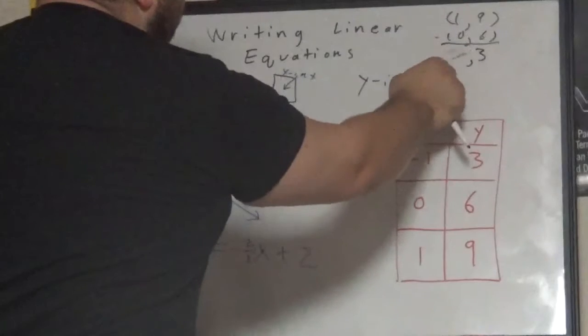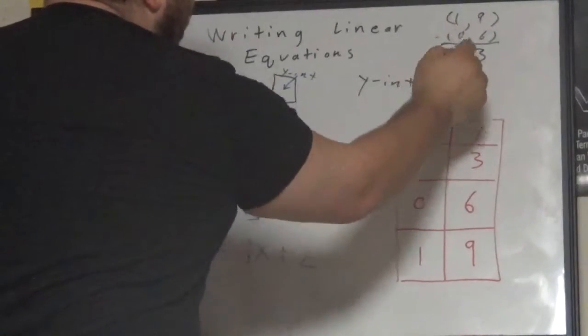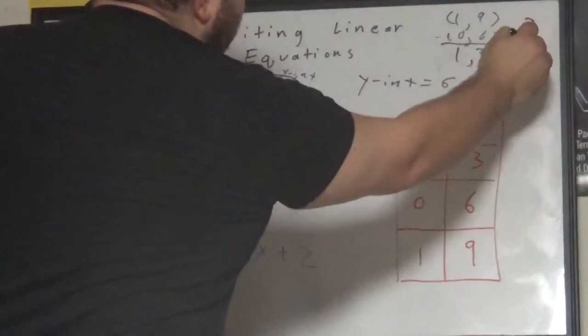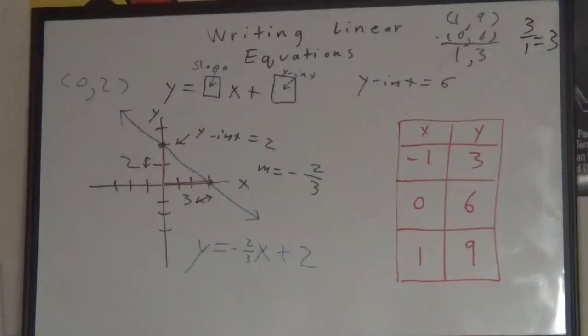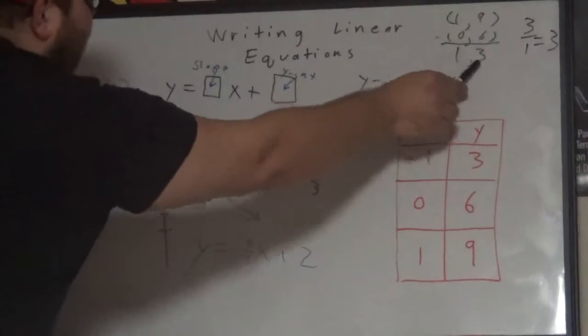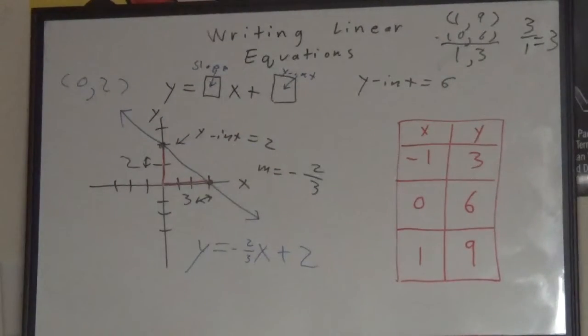I should say I put 0. And then write that as rise over run. We can do that and we get 3/1, which simplifies to 3. And that's our slope, of course, is 3.